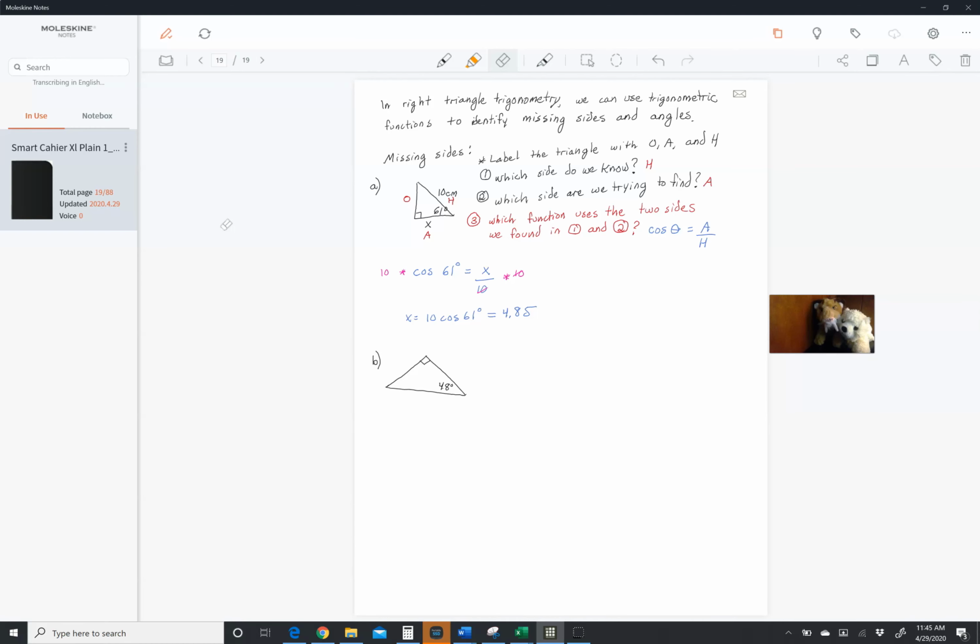This is 21, and this is X. So you want to find X. So you're going to label first, and then you're going to answer each of your questions.